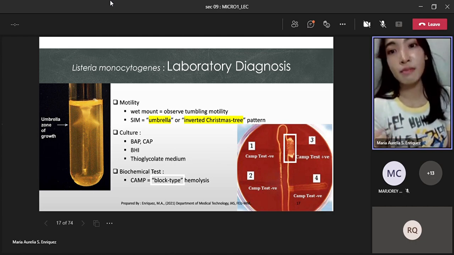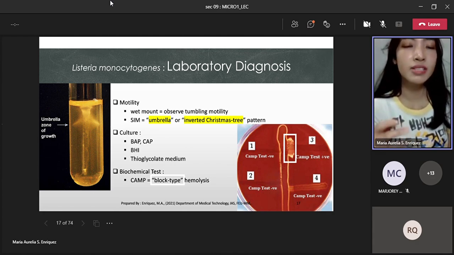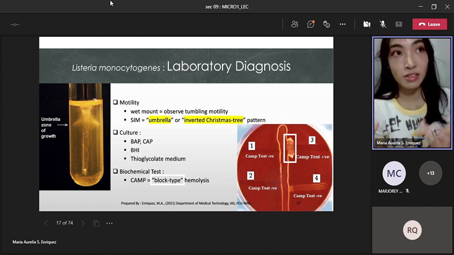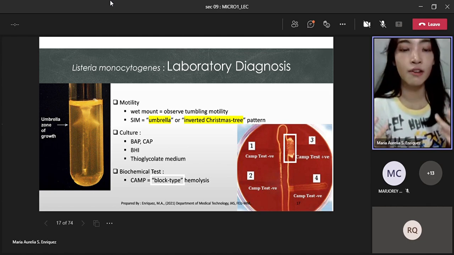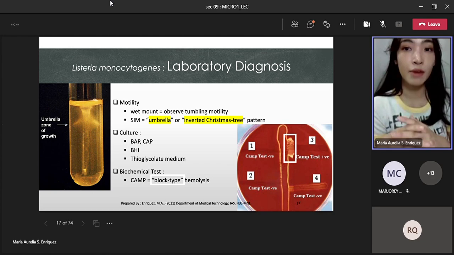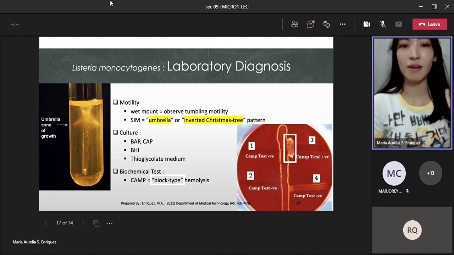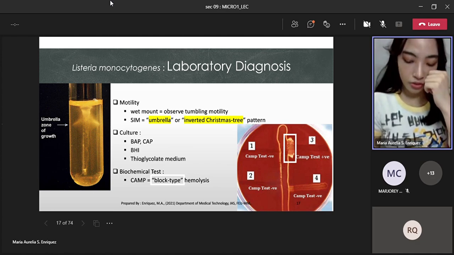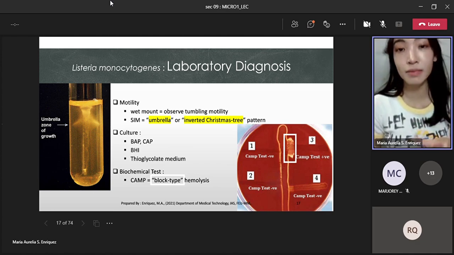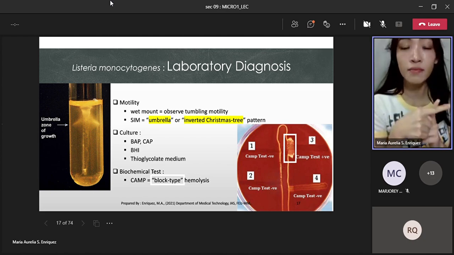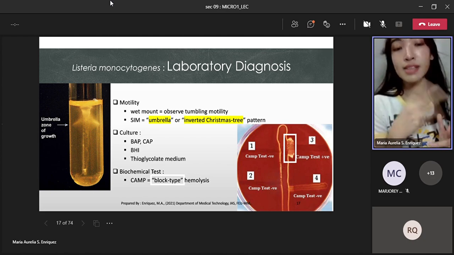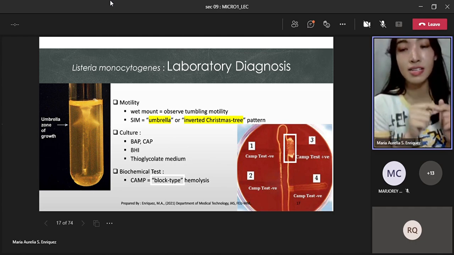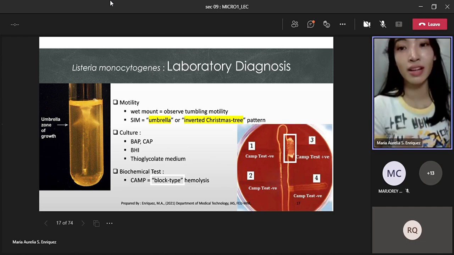Dito naman po, same din yung konsepto, no? Listeria monocytogenes would produce the CAMP factor. This would react synergistically with the beta lysine of Staphylococcus aureus and would produce enhanced hemolysis. Ang magkaiba po sa kanila is yung shape. So for Streptococci, kung ang shape ng hemolysis niya during the CAMP test is arrowhead, dito naman po for Listeria monocytogenes, ang shape ng result niya is block type, meaning hugis rectangular siya.